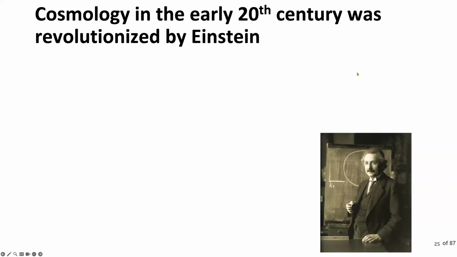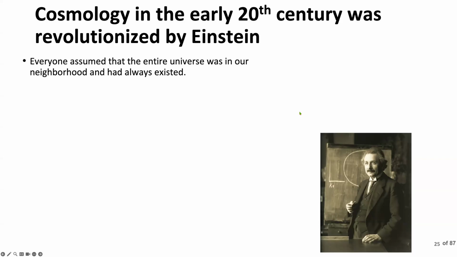And Einstein, in the early 20th century, introduced his ideas about gravity and the way it causes space and time to interact with matter. And in his day, in the early 1900s, or up to about 1920, the assumption was the universe had existed forever and was unchanging.